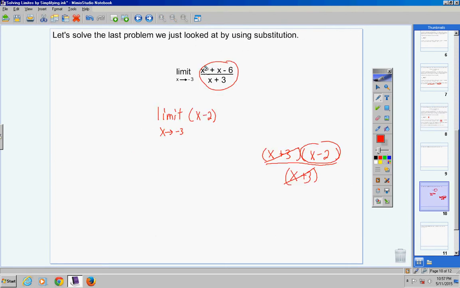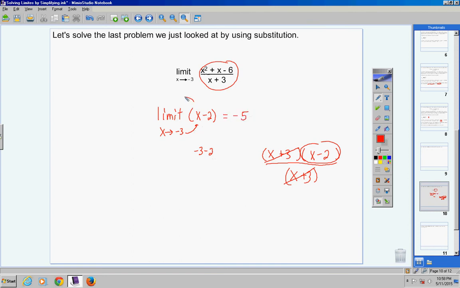So if you're wondering, if I were to graph this, would I get the same answer as negative 5? Yes. And also, now that I've simplified this fraction, I'm going to substitute negative 3 in for x. So I have negative 3, negative 2. So the limit of x minus 2 as x approaches negative 3 equals what?